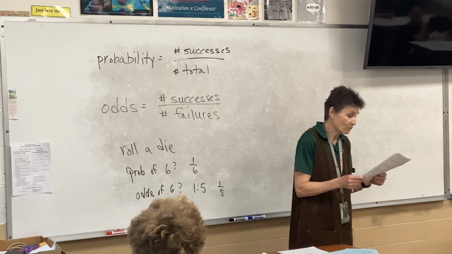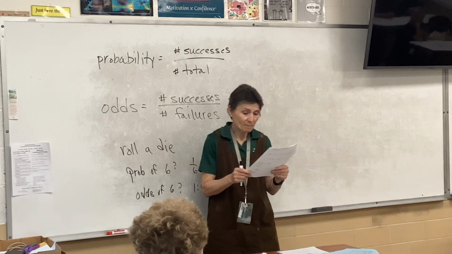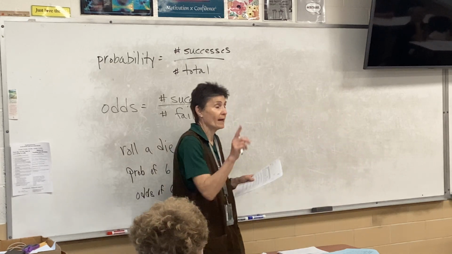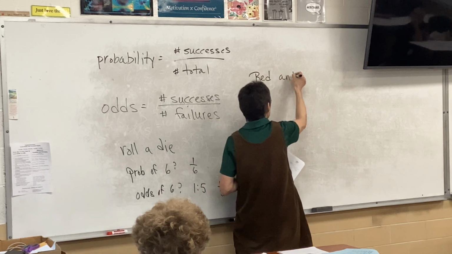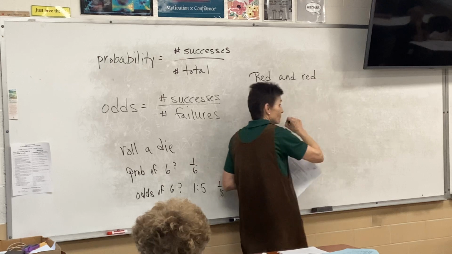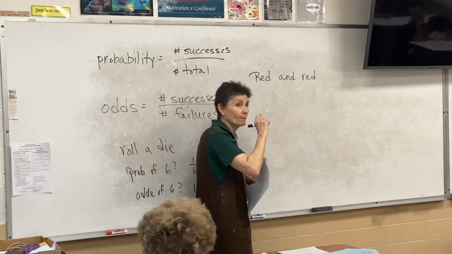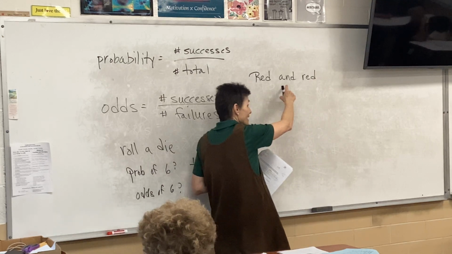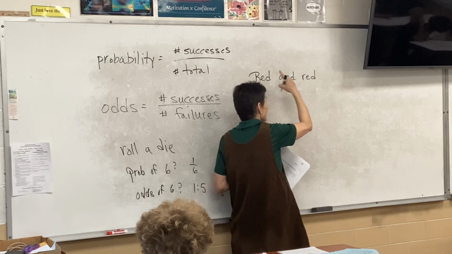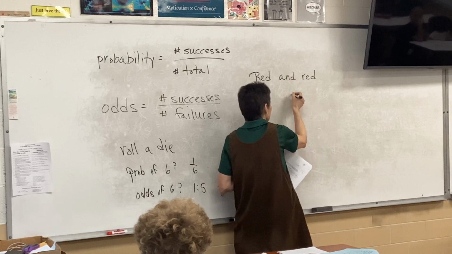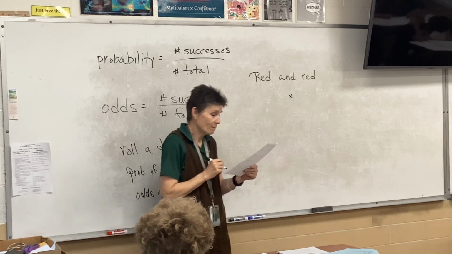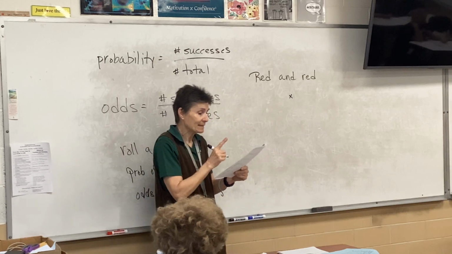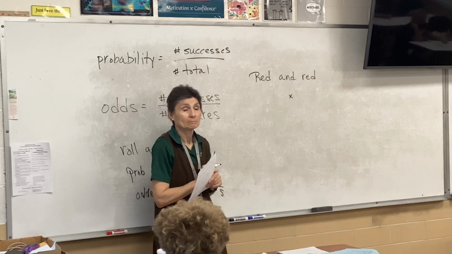If a candy is chosen from each bag, what is the probability that they will both be red? So in other words, we're going to get red and red. And we talked about a couple days ago that when you do this and this, that's going to be a multiplication. We're going to multiply. So what's the probability that Maggie will be red?